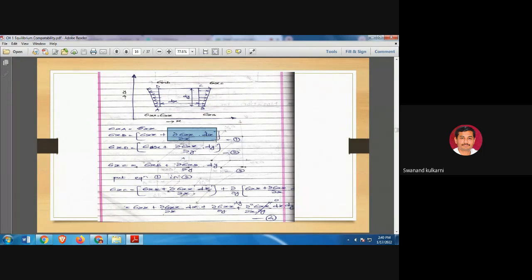Means whatever the stress present at point A and the stress present at point B may be different due to its different location. So B point is at a distance dx in the direction of x from point A.